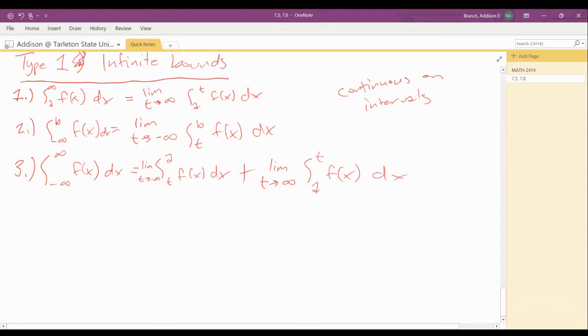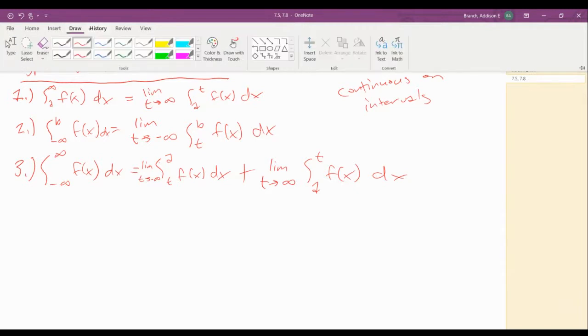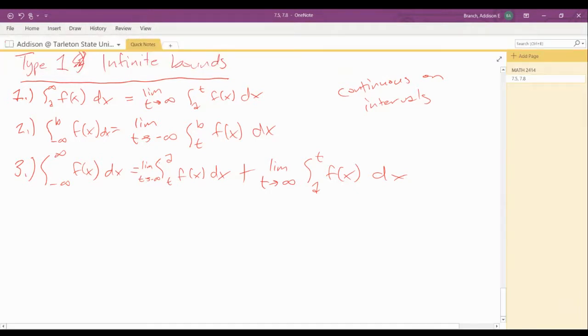Now that we have our type 1 defined in the 3 cases, that brings us into a discussion of this concept of convergence and divergence. In short, being convergent means that your limit exists.